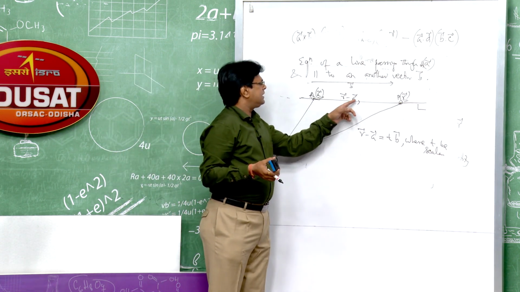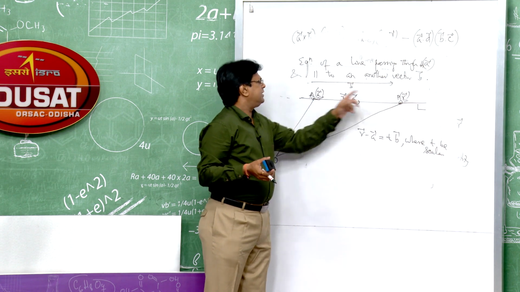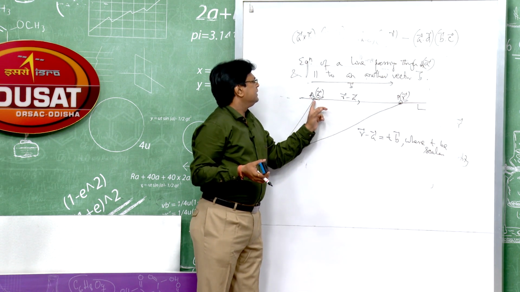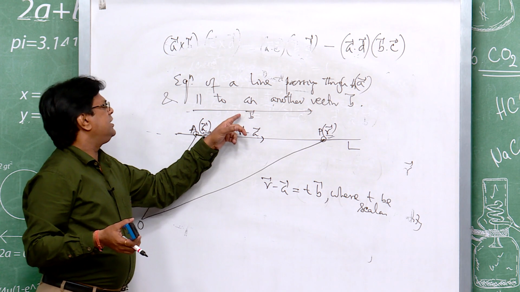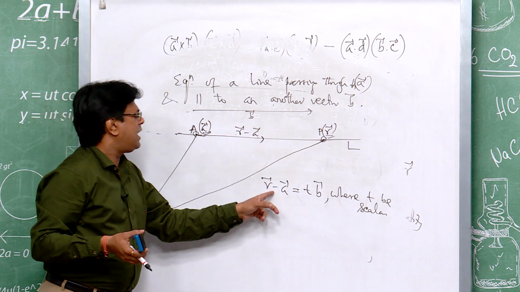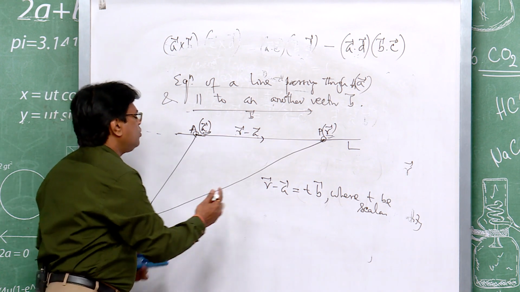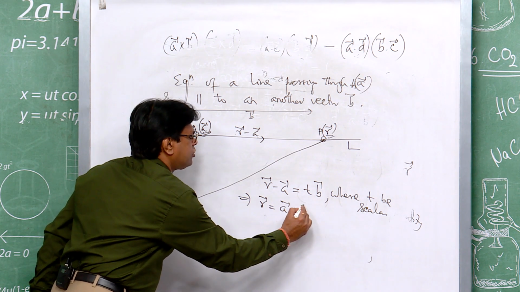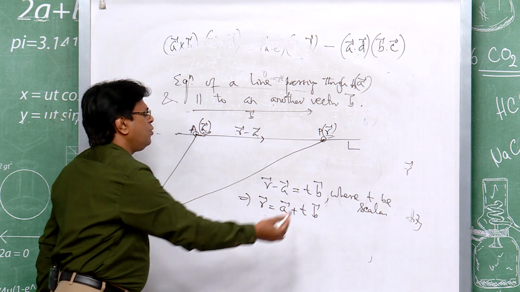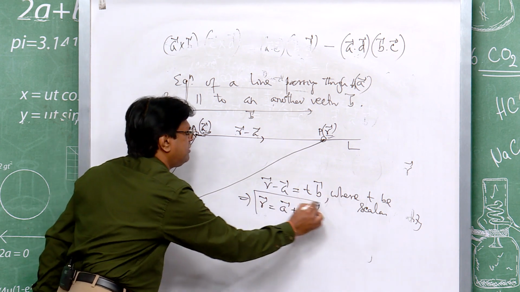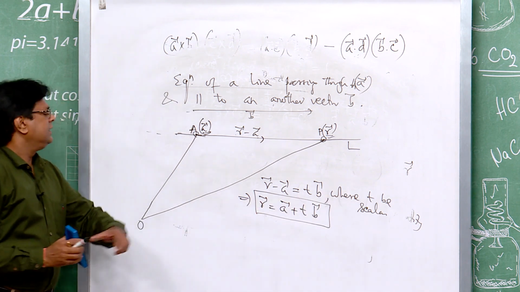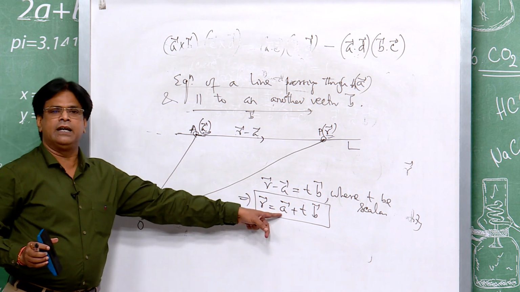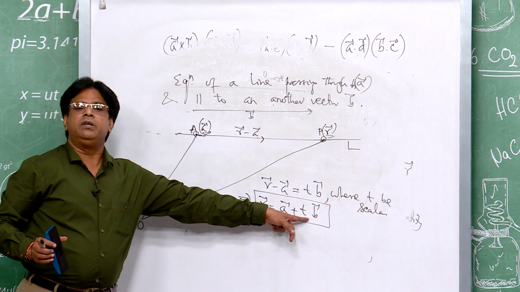So, PA vector is equal to r minus A. So, r minus A is parallel to B, that is why r minus A is equal to tB, or r vector is equal to A plus tB, where t is any scalar. So, this is the vector equation of a straight line passing through vector A and parallel to vector B.